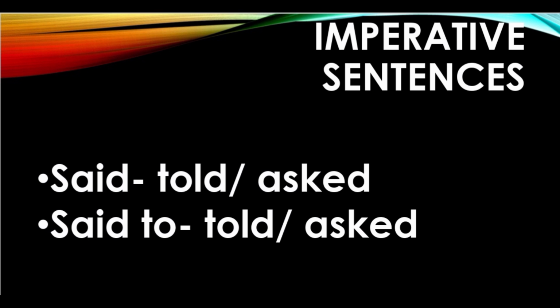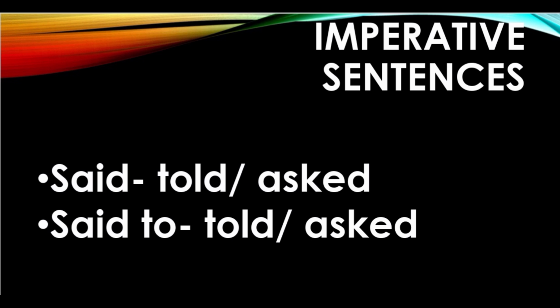So students, let's move to imperative sentences. So what is meant by imperative sentences? Reporting commands are otherwise known as imperative sentences. These sentences will express advice, request, order, etc. The connecting word we use in imperative sentence is to.